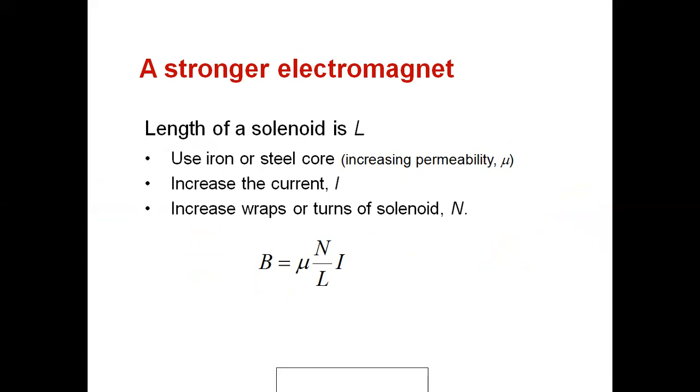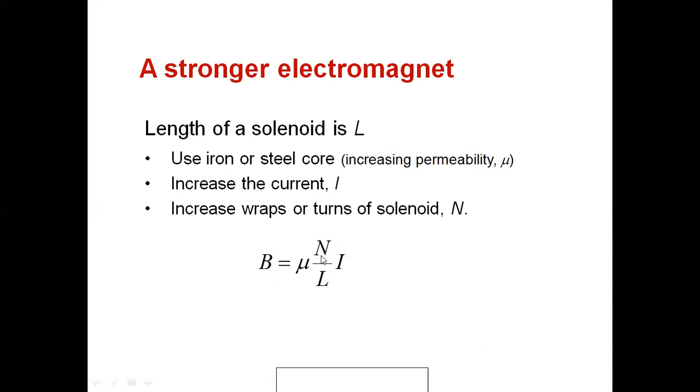That will strengthen your electromagnet, right? Here is the formula for the magnetic field: B is equal to mu N I upon L. Mu is the permeability of the material, N is the number of turns on the solenoid, I is the magnitude of the current flowing through that coil, and L is the length, right?